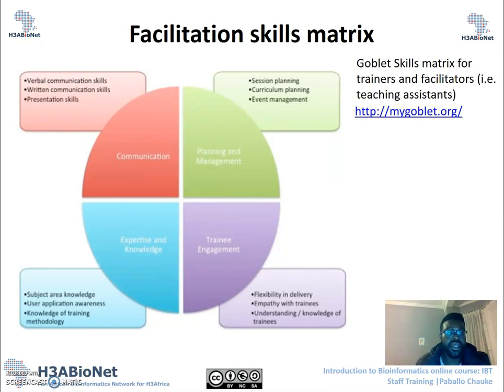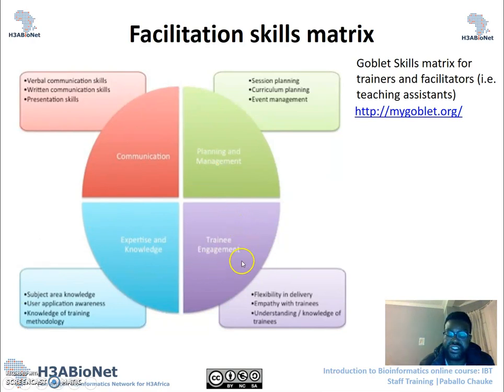You do need to be aware of visa applications and knowledge of training methodology. Planning and management: you need to plan your sessions. This is what they say are the general, rather, 4 pillar principles and skills that are needed by all facilitators.